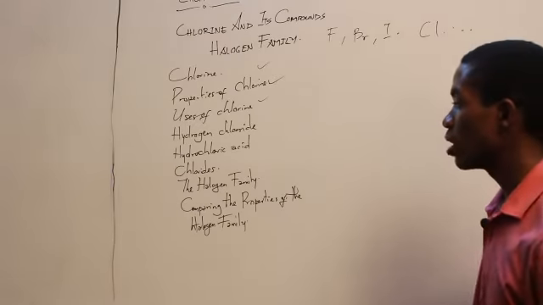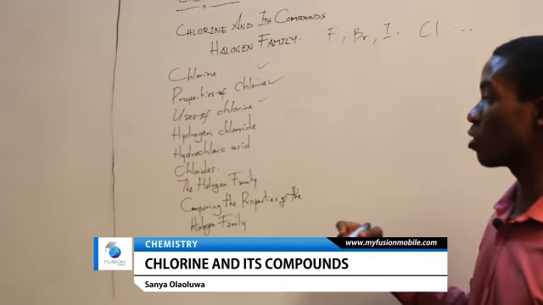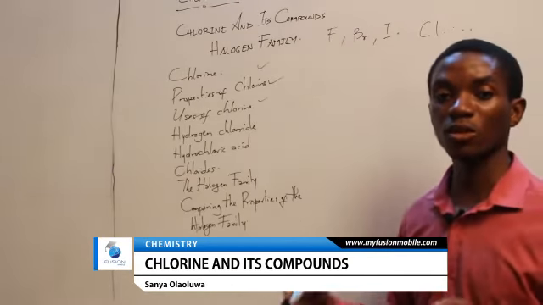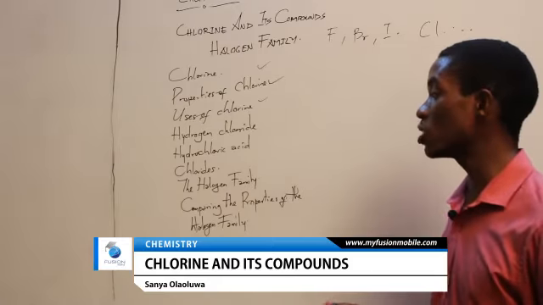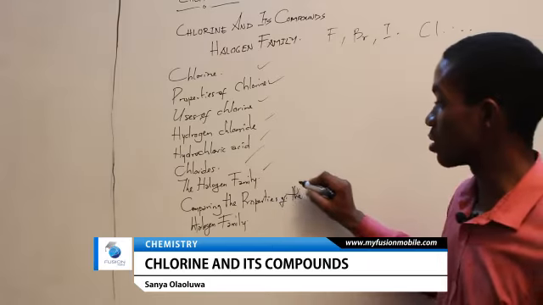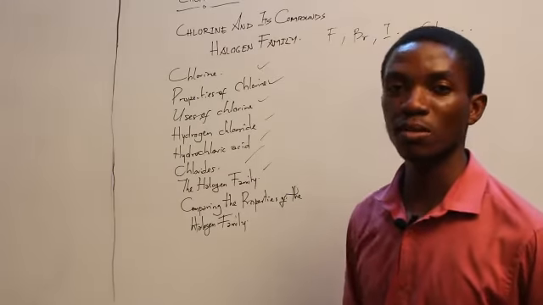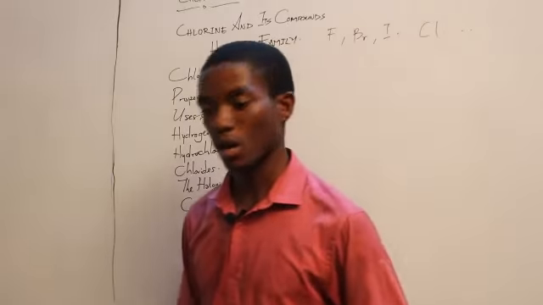Okay, in a few seconds, a description of a particular chart or table rather that is showing the comparison between the halogens as a family. That is each of them, the relationship between them. It will be on your screen. I believe it's on your screen right now.